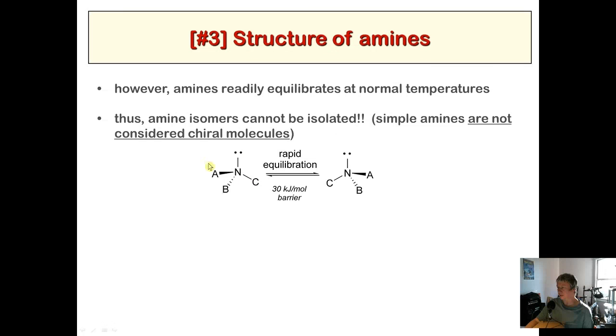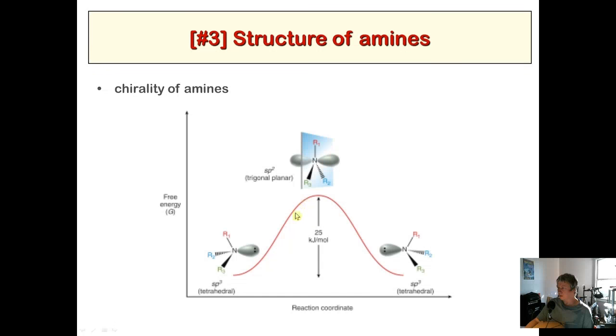A molecule couldn't stay chiral if it has 3 different things on it. It's not like we could isolate this as a single enantiomer or this as a single enantiomer, because they have a very low energy of interconversion, which we show here. So with this kind of low energy barrier at room temperature, these things go back and forth.